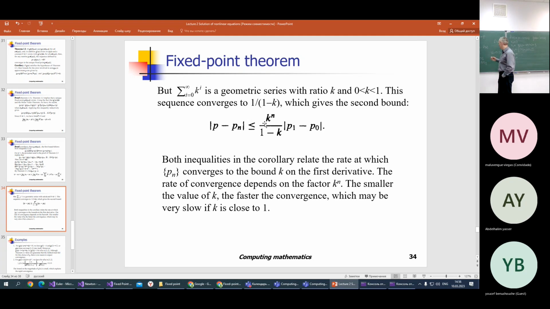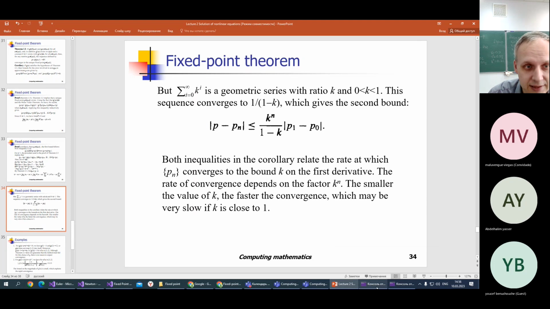If k is 0.9, then k squared equals 0.81, k to the power 3 equals 0.72 something, and so on. The method converges, but the convergence is slow. And if k is close to 1, the convergence may be very slow.